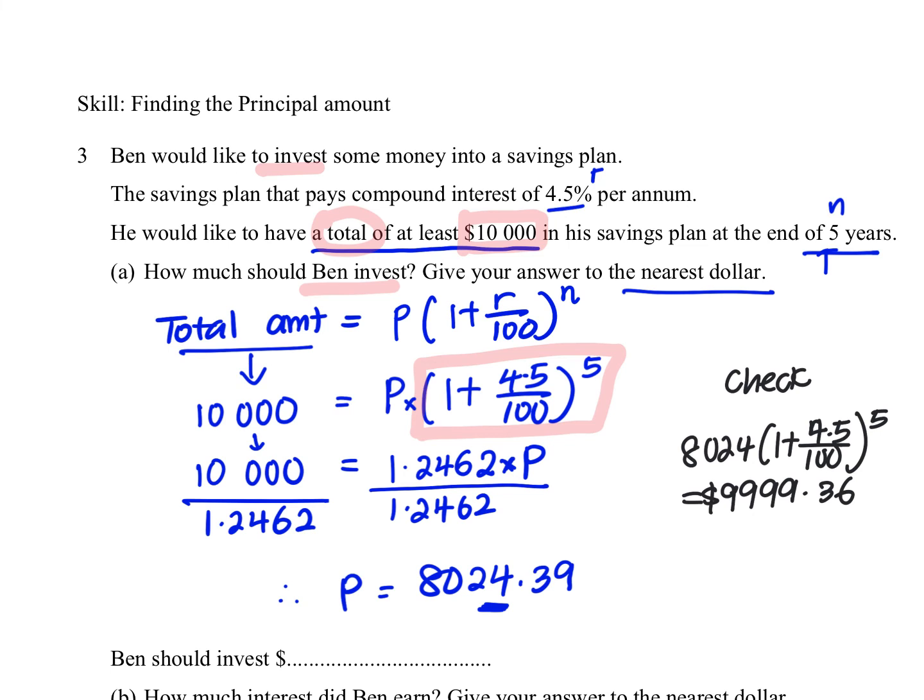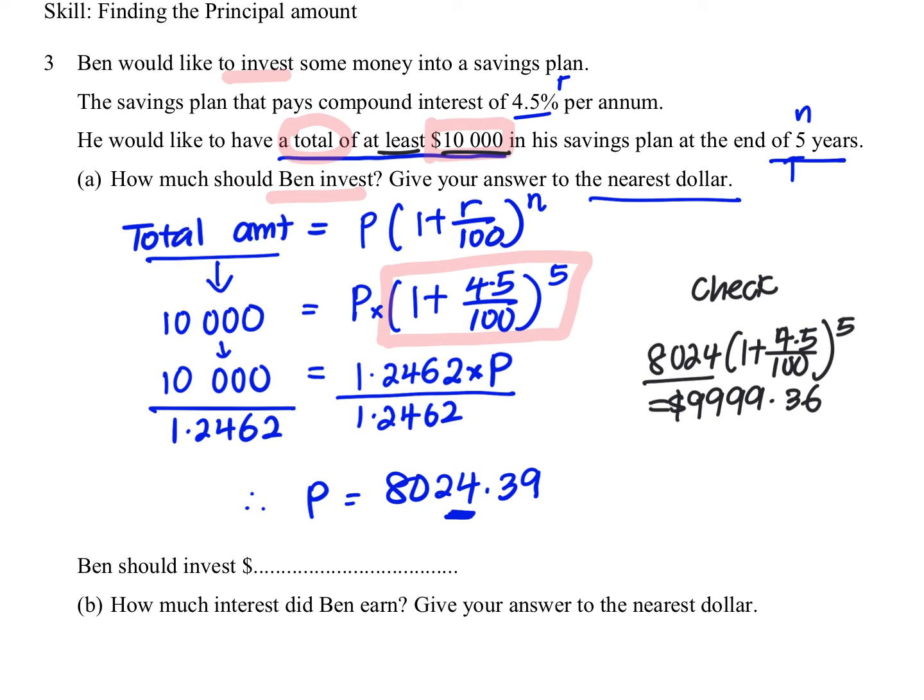Have I met the objective of getting $10,000? No, right? So in this case, what should I use? Should I use $8,024, or should you invest $8,025 instead?